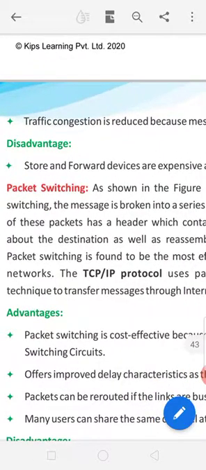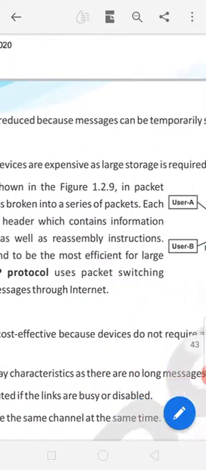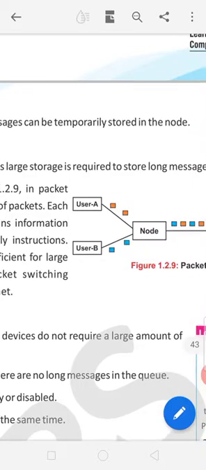Traffic congestion is reduced because messages can be temporarily stored in the node. If our traffic is busy, or someone's phone storage is full, the message is stuck, and after the space is cleared the message will come, because of the store and forward technique.